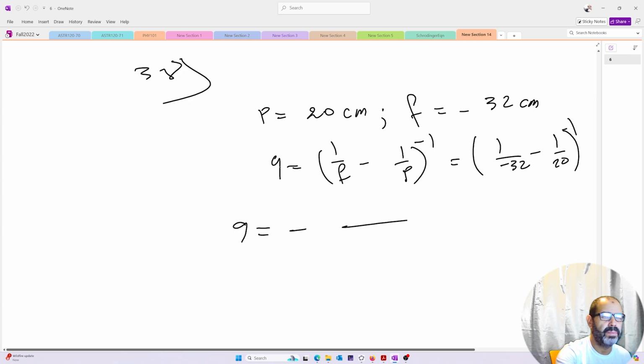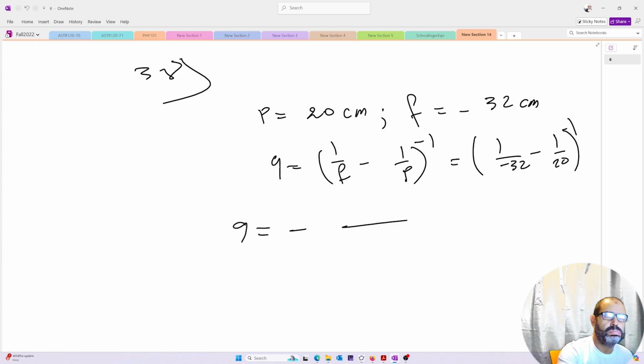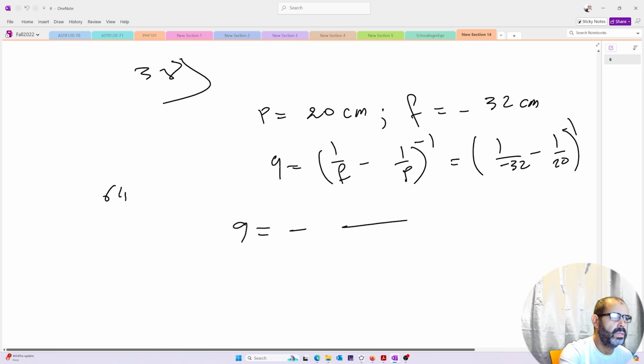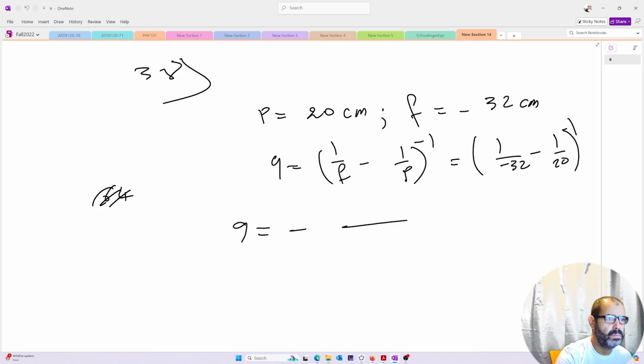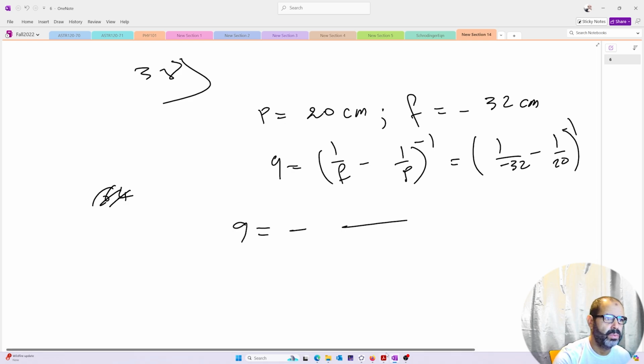So the common denominator of 32 and 20, what is it? 64. Okay, let me find the GeoGebra in here. So basically at the end it's going to be just 1 over 32 plus 1 over 20.